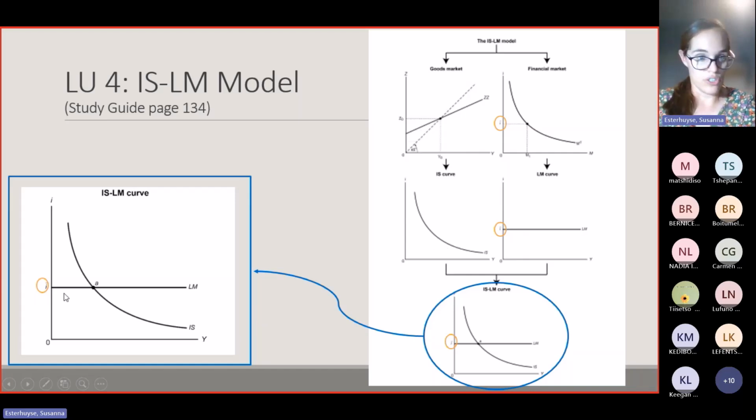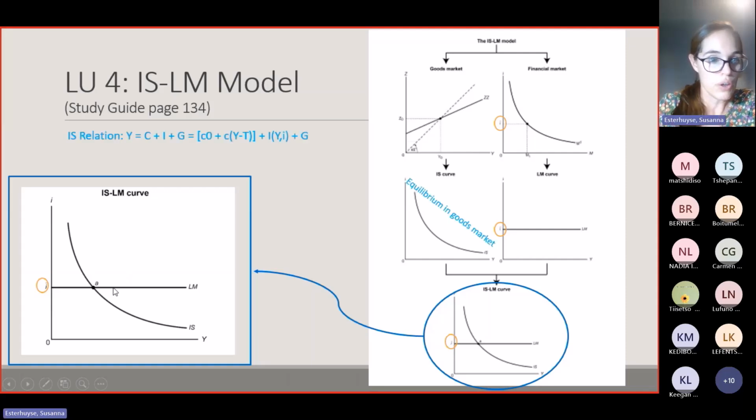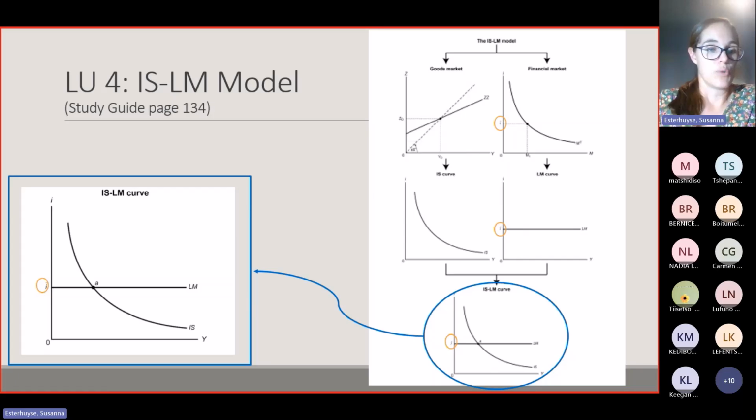And the level where your LM curve will be is the same rate as was set by the South African Reserve Bank. And then point A will be on this graph. It will be your equilibrium point where both the financial market and the goods market are in equilibrium.